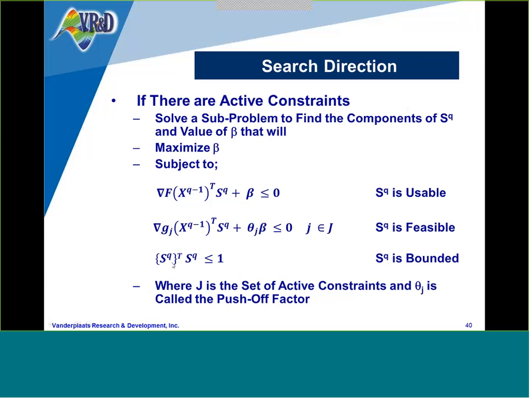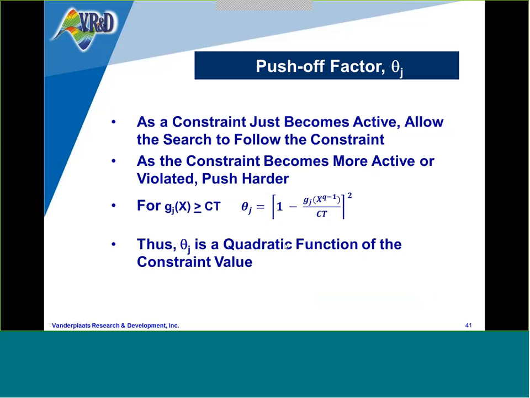It turns out that most textbooks convert this to a linear constraint where we say the components of S are between plus and minus 1. We actually deal with it properly and it's described in Zoutendijk's book, but it's very hard to understand. Once you understand it, it works. We push away from the fence depending on how far we are from the fence.